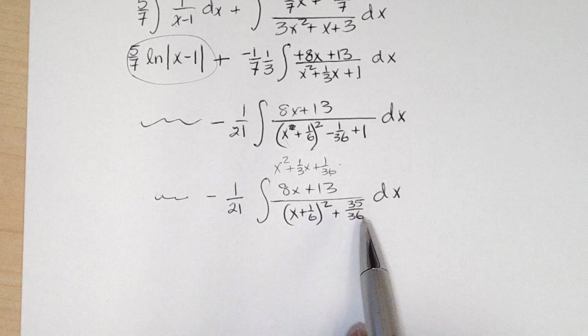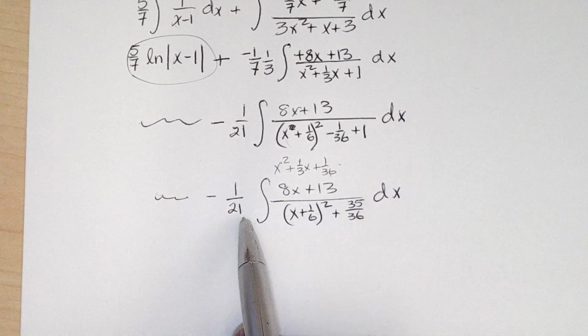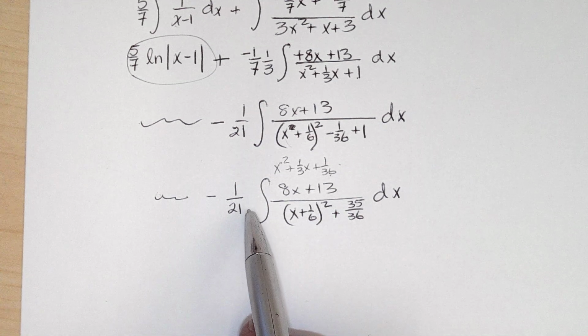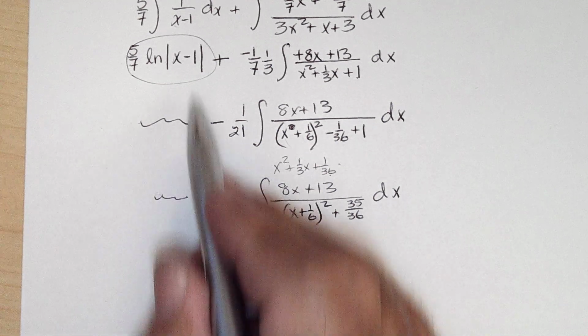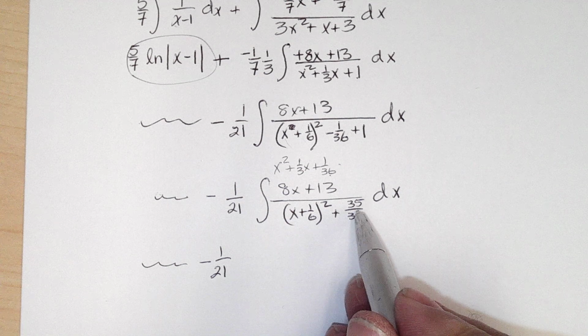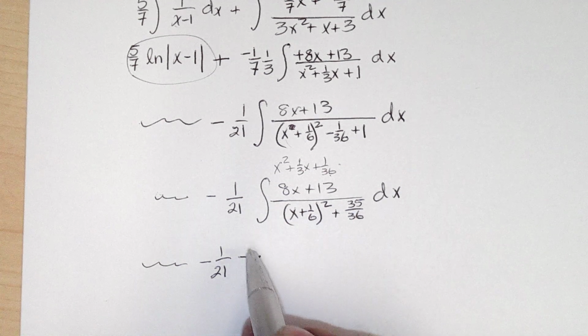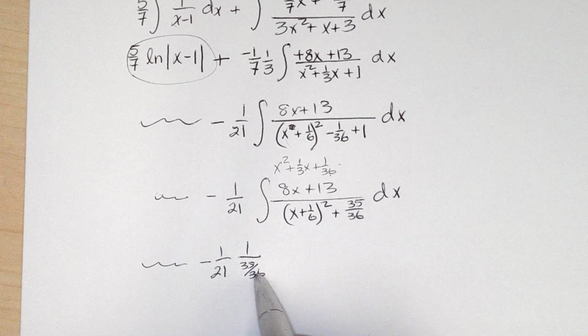And then I'm going to make this one by factoring out a 35/36 in the denominator. So I'm going to have this minus 1 over 21, and I'm pulling out in the denominator 35/36.